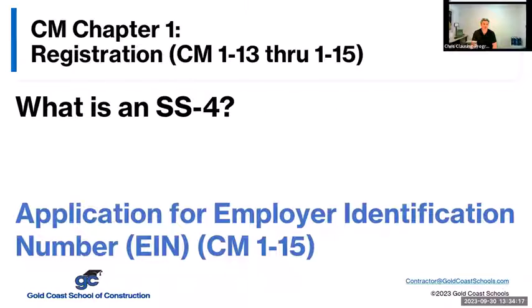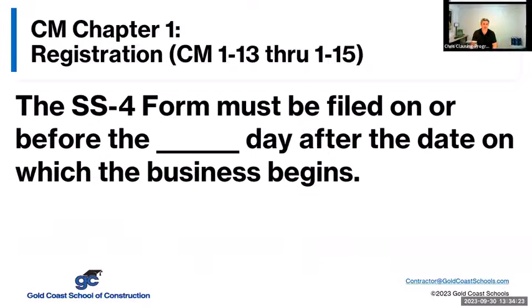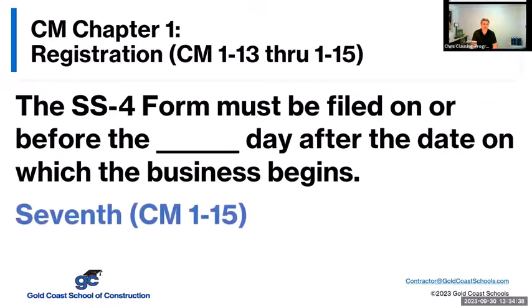And that's the application for employer ID number, EIN. And the SS4 form must be filed on or before the what day after the date on which the business begins? So how many days do you have before when you start the business to have to file this? And you'll see in page 1-15, 7 days.